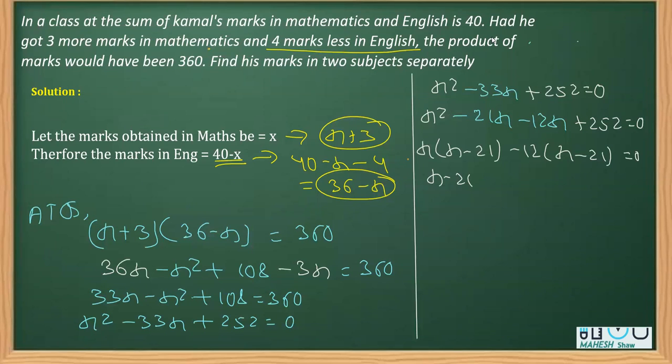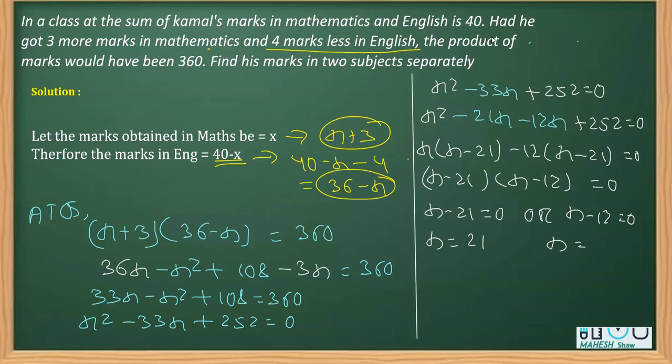Finally, it is x minus 21 and that multiplied by x minus 12 equal to 0. So it will be equating this with 0. So now x minus 21 equal to 0 or x minus 12 equal to 0. So this will give x as 21 and x as 12.